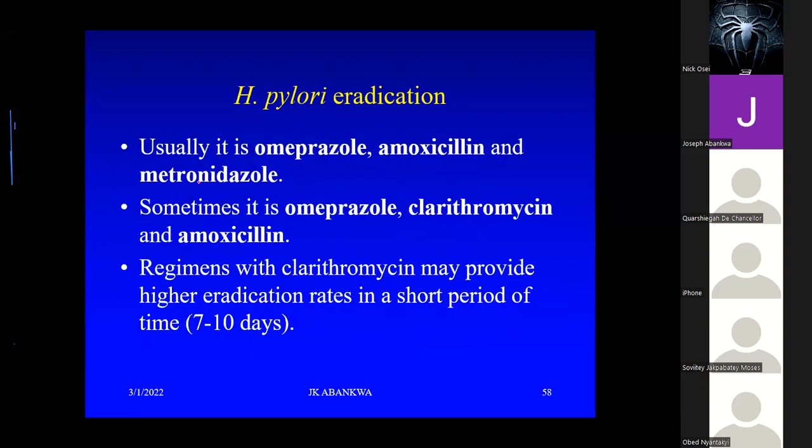Usually it is omeprazole, amoxicillin, and metronidazole, or sometimes omeprazole, clarithromycin, and amoxicillin. Regimens with clarithromycin may provide higher eradication rates in a short period of time, between 7 to 10 days, instead of amoxicillin or metronidazole.